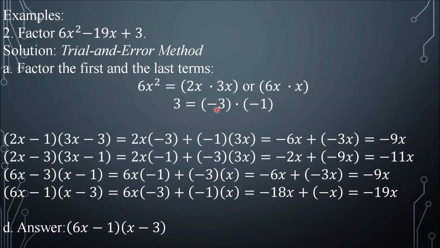So 6x times negative 3 plus negative 1 times x. Simplifying, negative 18x plus negative x, which is negative 19x. And that is the middle term that we want. Therefore, we will consider 6x minus 1 times x minus 3. And that's the factored form of number 2.